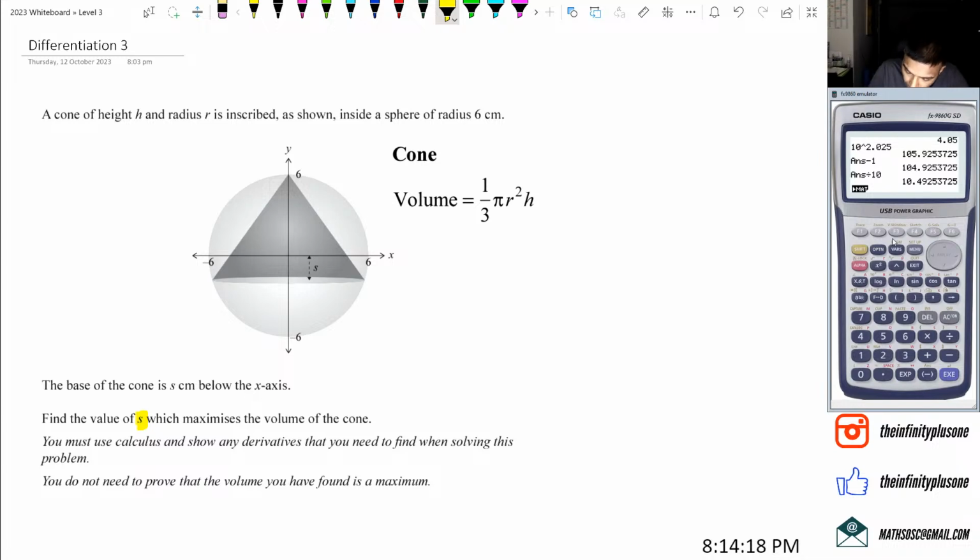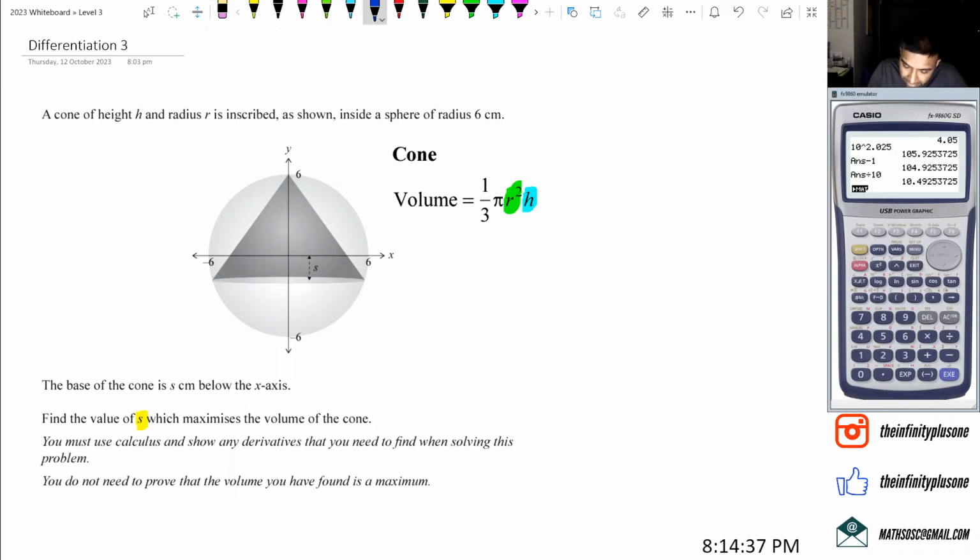All right. Now, if you look at the cone's equation, we actually have r squared and we've got h in there. We've got two different letters, and what we need is to replace it with s, because the question says find the value of s.